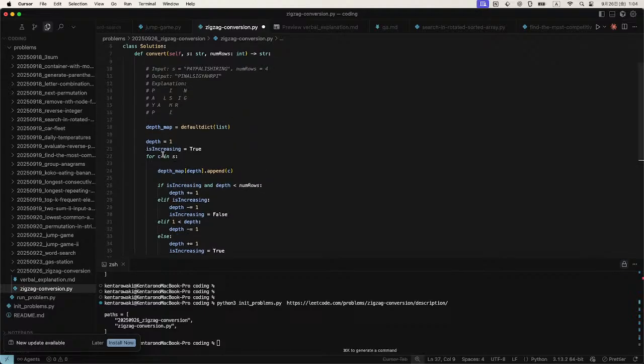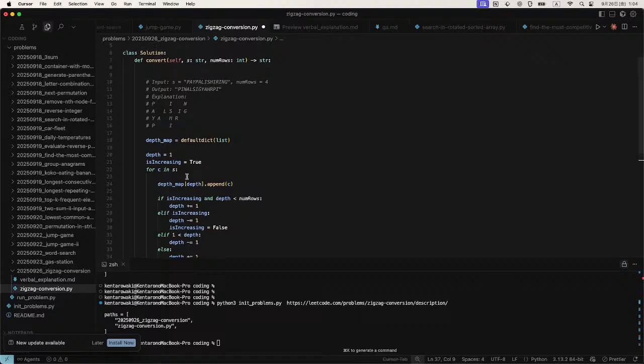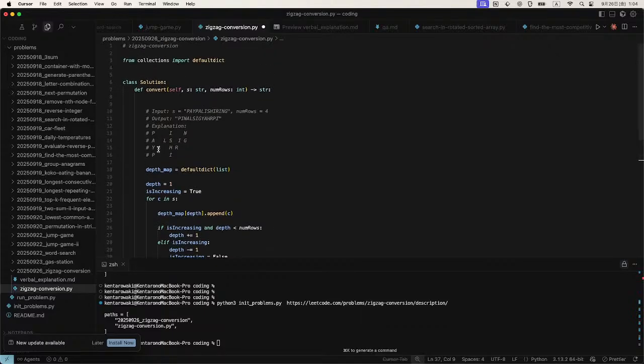We want to sort by keys because the depth is the key, and concat the strings.